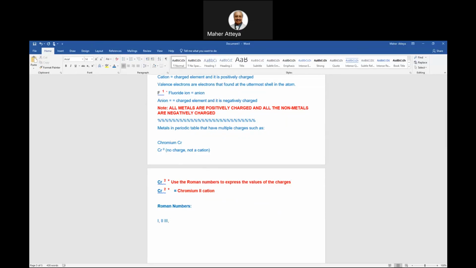So the 4 is 1 negative and then 5. 5 minus 1 is 4. So this is equal 1. This one here equal 2. This one here equal 3. This one here equal what? 4. Correct, guys? Just to know.